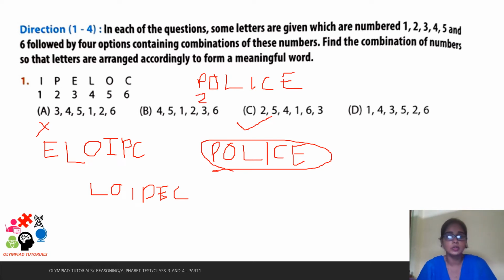P is corresponding to 2, O is 5, L is 4, I is 1, C is 6, and for E you have 3. So this option is option number C. Any one of this method you can use, either by just observing the alphabets you can frame it, or by using the options you can try to solve it.